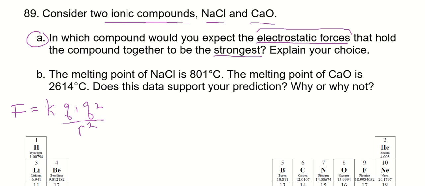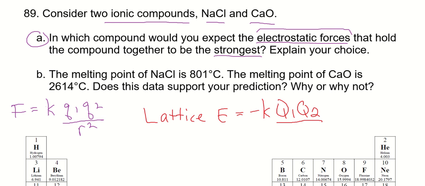And you might be like, well, that's not the equation we used in class. You're right, the equation we used is derived from Coulomb's law, and that was the equation for lattice energy, which goes like this, where Q1 and Q2 are the charges of the ions, and r, again, is the separation distance between those two ions.